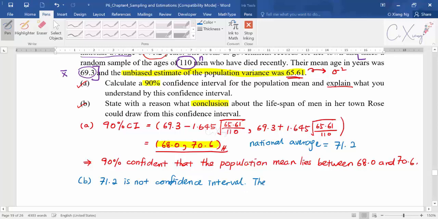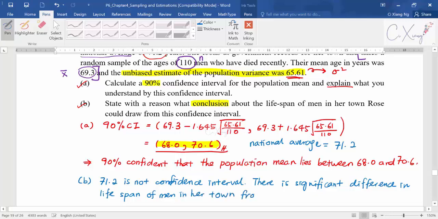That means there's a significant difference in lifespan of men in her town from the national average.